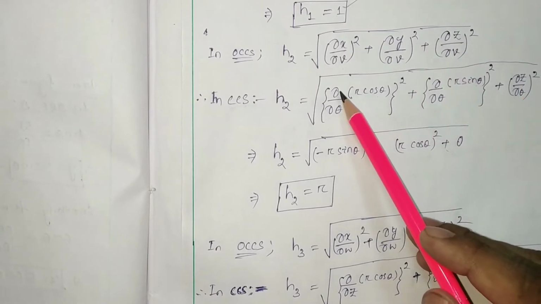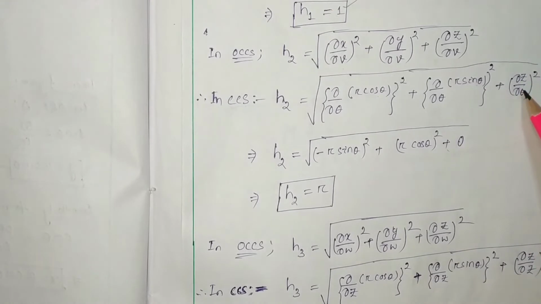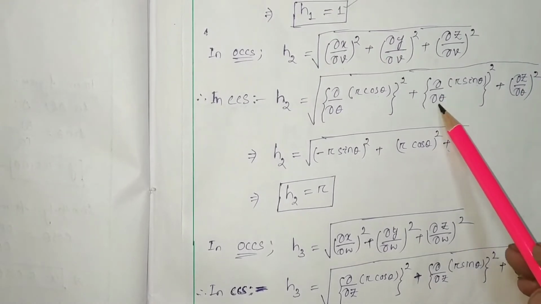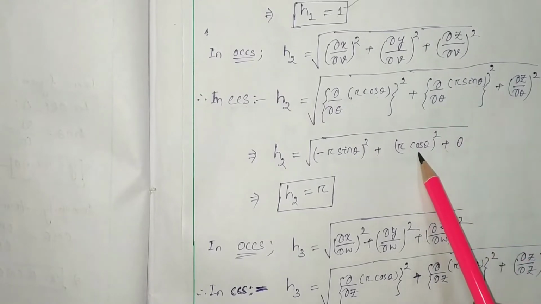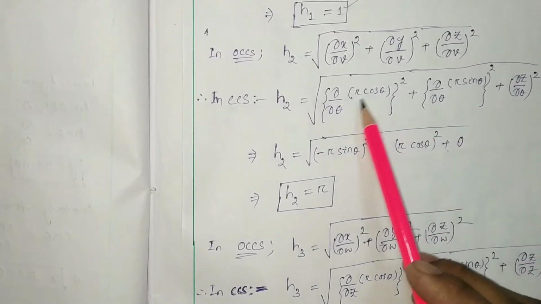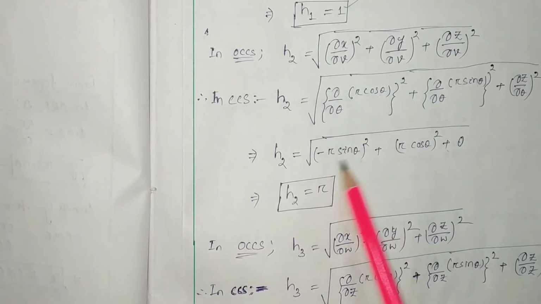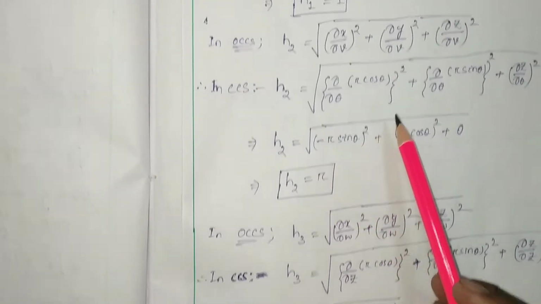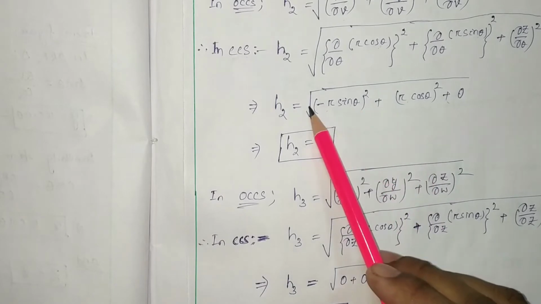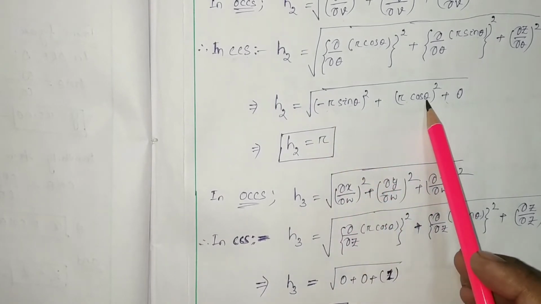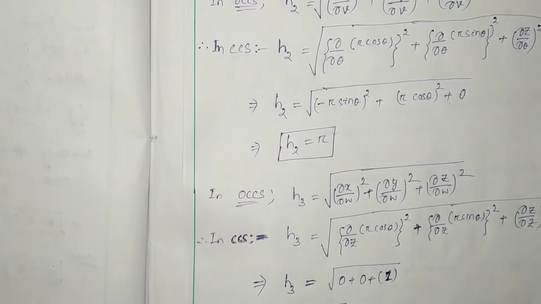So del by del theta of r cos theta, of r sin theta, and of z, where del by del theta of z is 0. The derivative of r cos theta with respect to theta, r being constant, is minus r sin theta, and that of r sin theta is r cos theta. So this value is r square sin square theta and this is r square cos square theta. Taking r square common, sin square theta plus cos square theta is 1, and the root is r. So h2 we found is r.